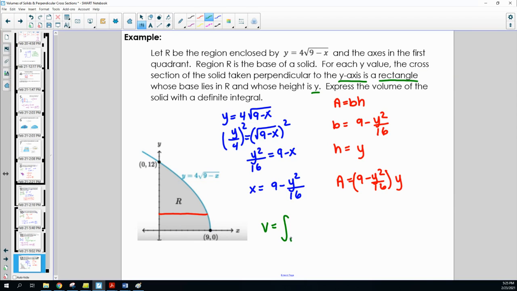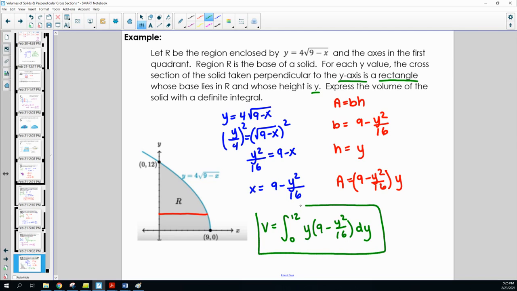So we're going from 0 to 12. So that's the lowest y and the highest y. And then I'm just going to put the y in front so it doesn't look as silly. So we're going to have the area, which is y times 9 minus y squared over 16, times the width, which is going to be dy in this case because we're doing it perpendicular to the y-axis.